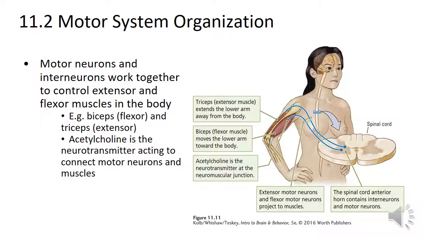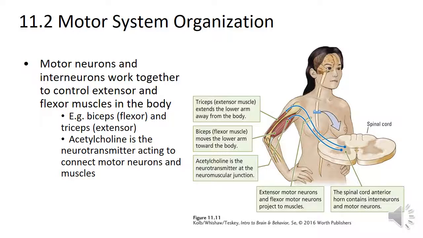Motor neurons and the interneurons work together to control both extensor and flexor muscles in the body. Extensor and flexor muscles are sets of muscles that work in opposition to each other. An example would be biceps, which is a flexor muscle, and triceps, which is an extensor muscle. Triceps are in the back of the arm, biceps are in the front of the arm.